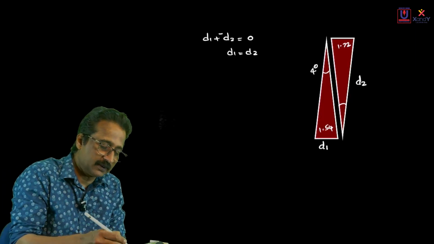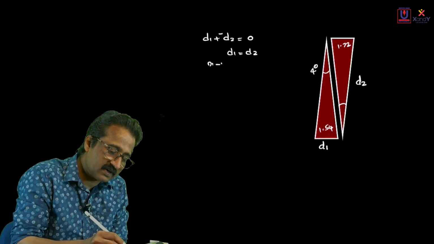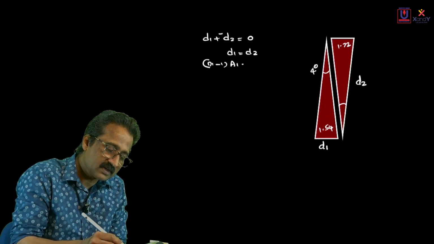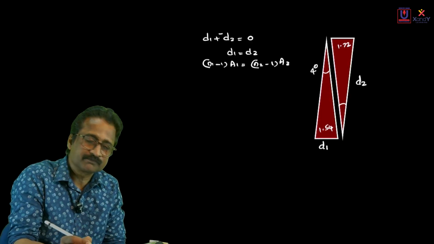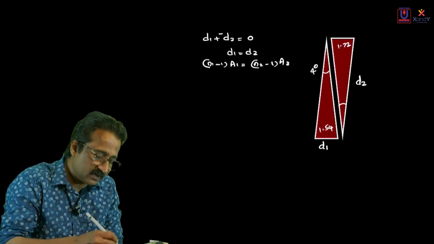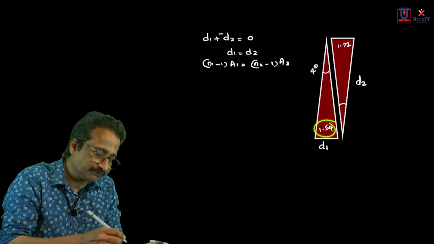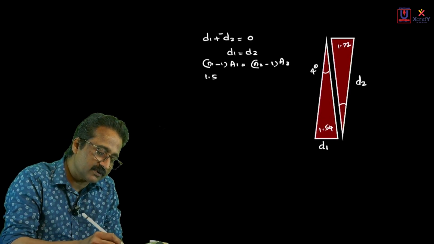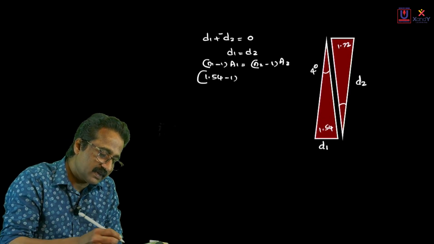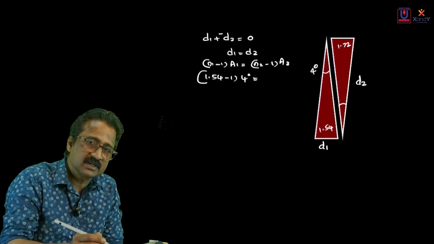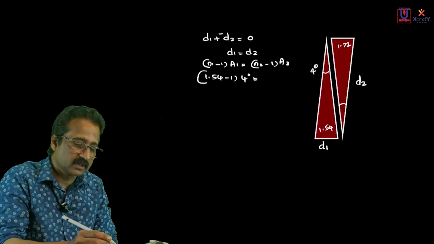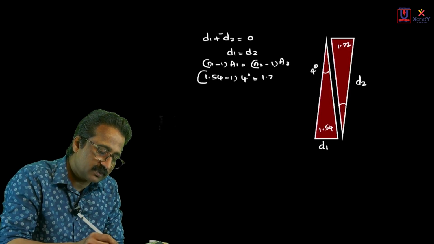Now let's put values. d1 is n1 minus 1 into a1, which is equal to d2, n2 minus 1 into a2. Now let me put values. n1 is given to be 1.54. So this is 1.54 minus 1 into a1, which is given to be 4 degree. I'm not changing units here. I'll get the answer also in degrees. n2 is given to be 1.72, minus 1 into a2.